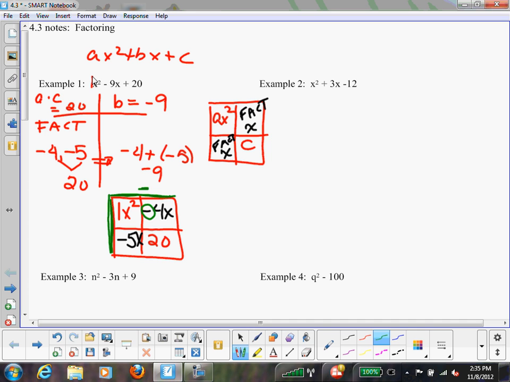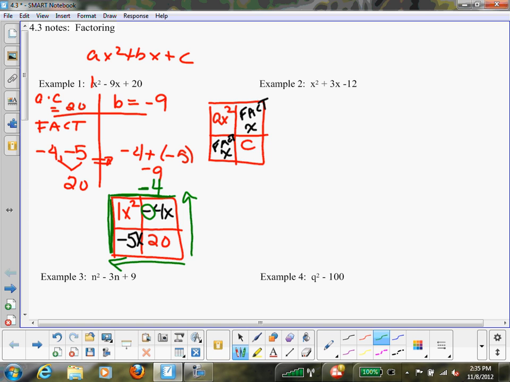I'm going to pull out a negative 4. I cannot pull out an x because x doesn't occur in both of those terms. But 4 is a factor of 20, and 4 is a factor of 4. It's negative because this one is negative. If it's positive, then I pull out positive. But if it's negative, I pull out a negative. Okay? And we're always going up or over.